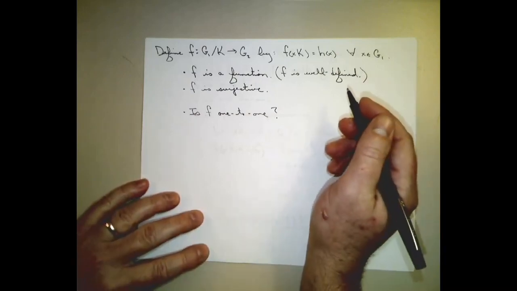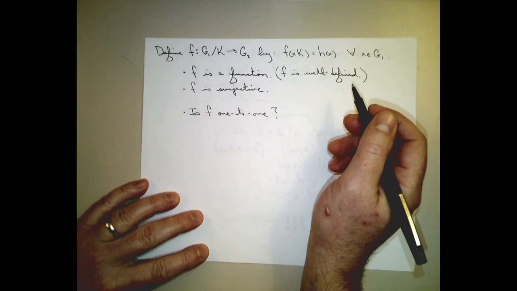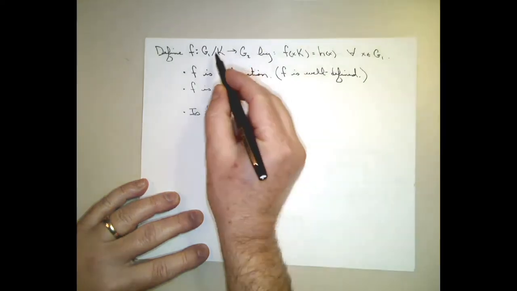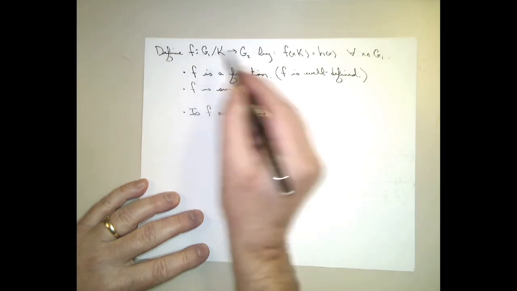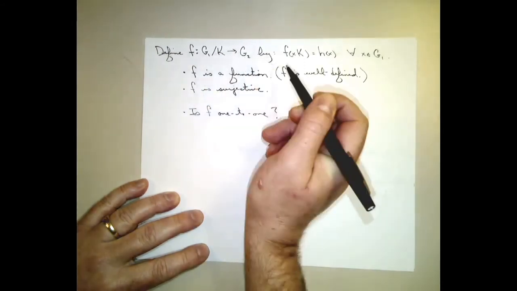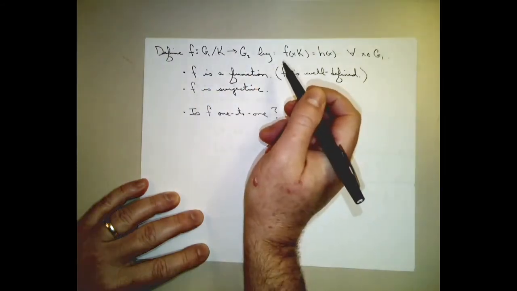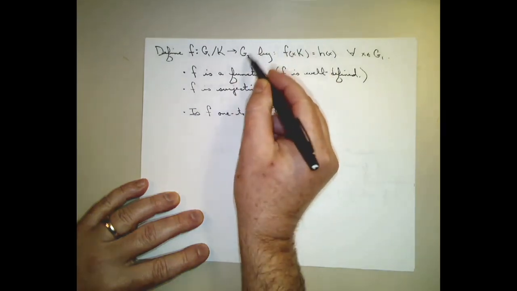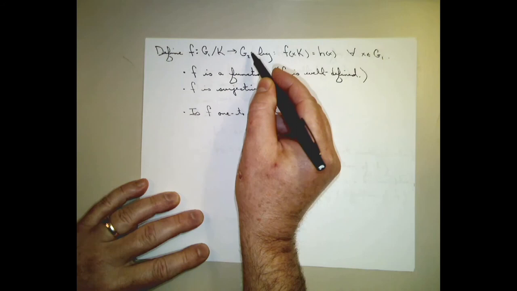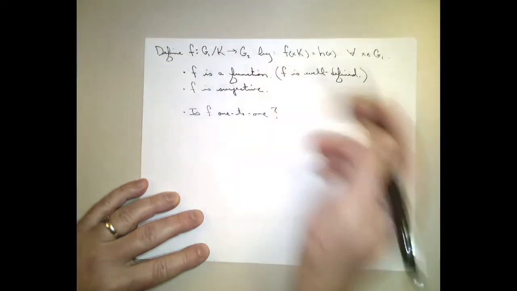What does that mean? That means that any two distinct cosets are going to go to distinct elements of G2. Or conversely, if I have one thing in G2, there can't be two things which map to it.